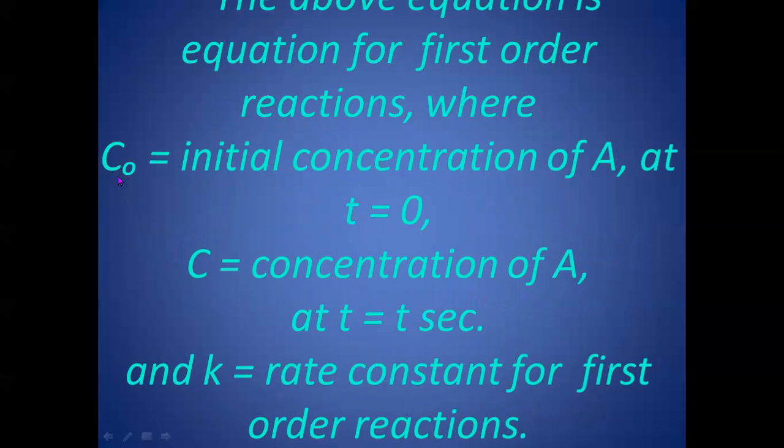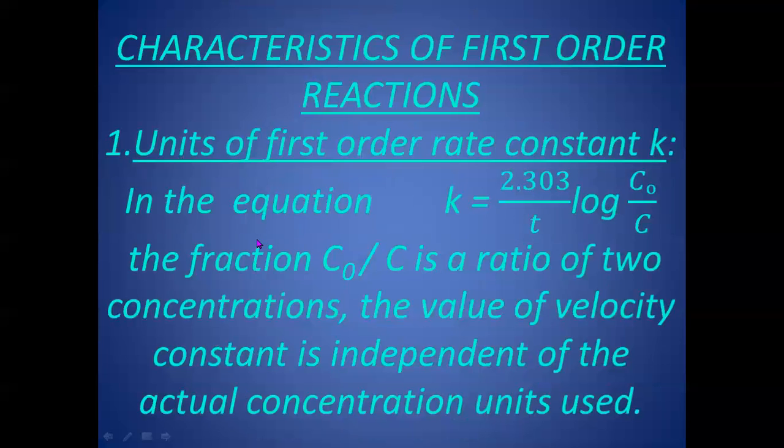Now, when we substitute C0 as initial concentration of A at t is equal to 0, and C as concentration of A at t is equal to t seconds, and K as rate constant for the first order reaction, that equation will give you the value for K.